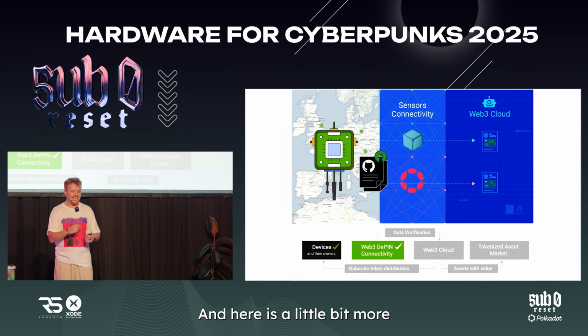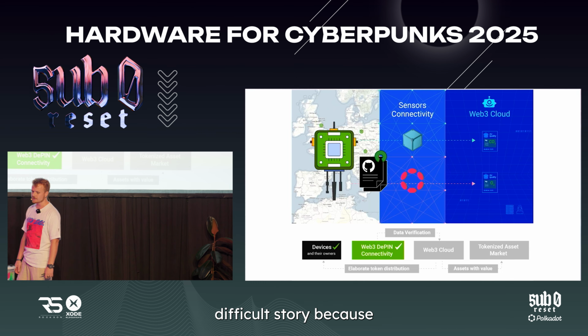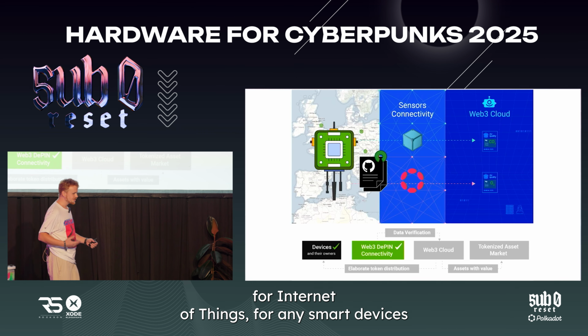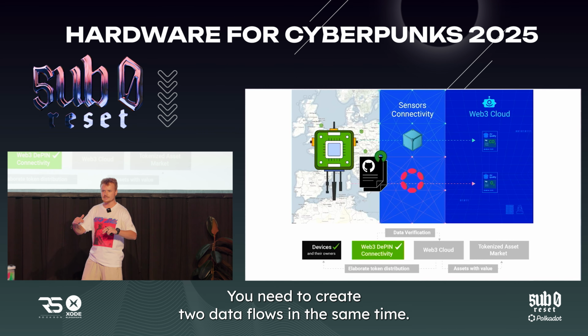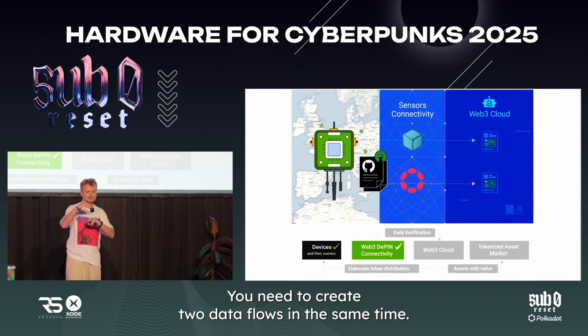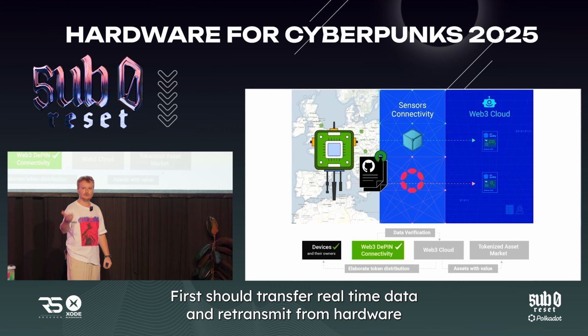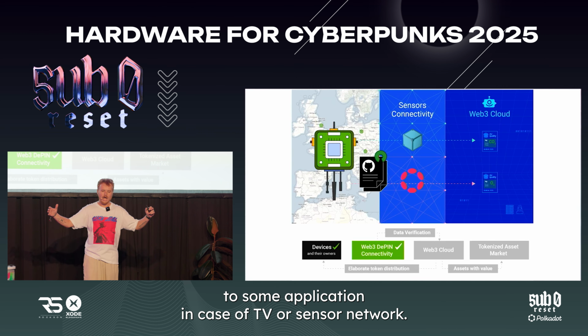And here is a little bit more difficult story, because for the Internet of Things, for any smart devices interaction, blockchainization of the data alone is not enough. You need to create 2 data flows at the same time. First, one should transfer real-time data and retransmit it from hardware to some application.